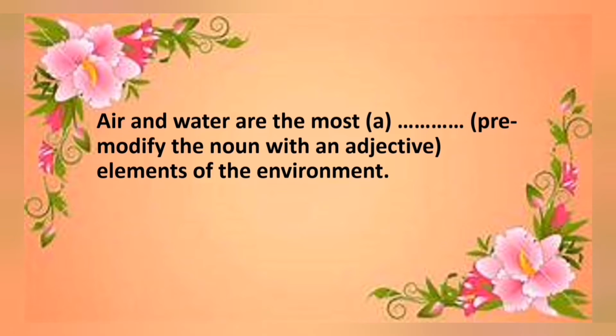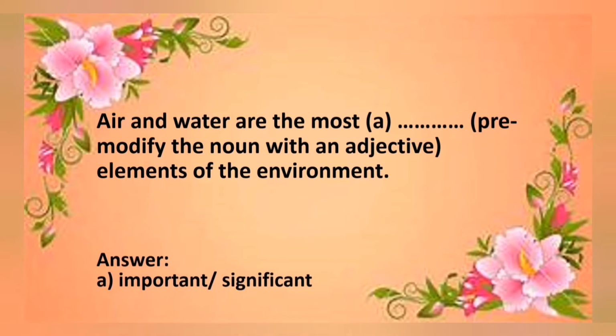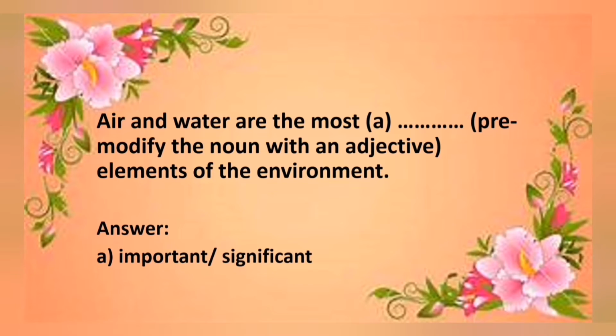As a perfect answer here, we have to use either important or significant. So, the full sentence will be: air and water are the most important, or the most significant, elements of the environment.